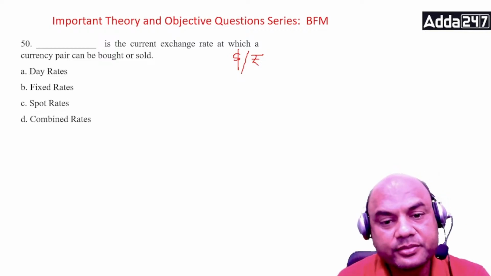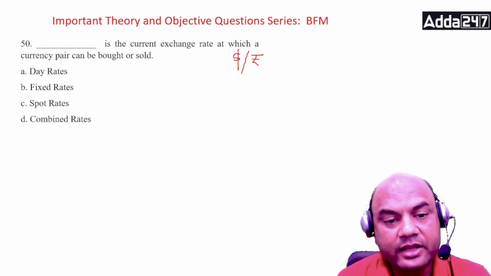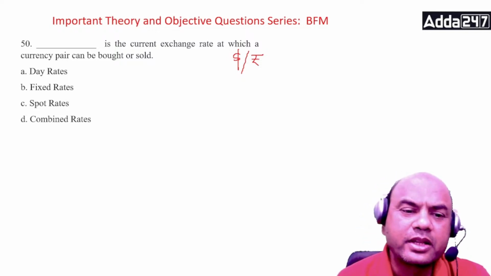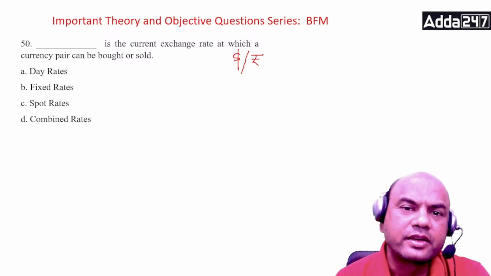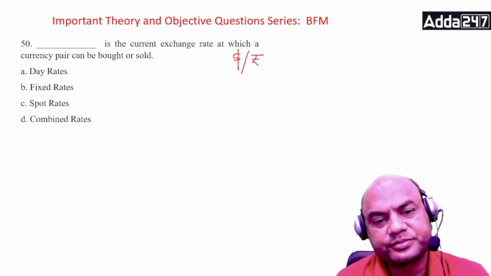So what is it? Dash is the rate right now. What is it called? Is it called day rate, forex rate, fixed rate, spot rate or combined rate? Type in the comment section. Which rate do you think? Think over it.